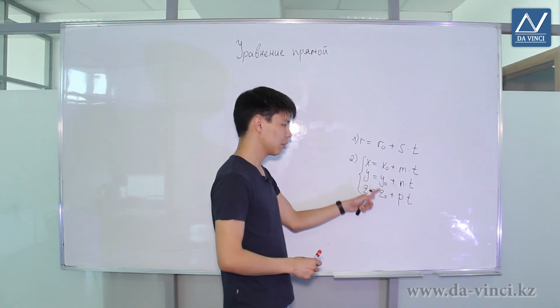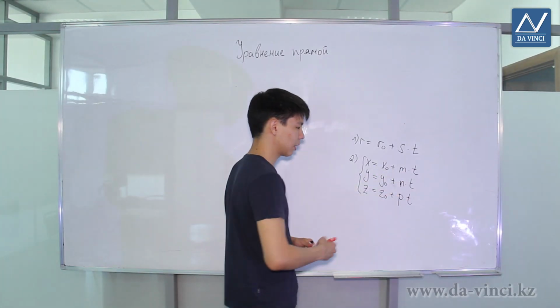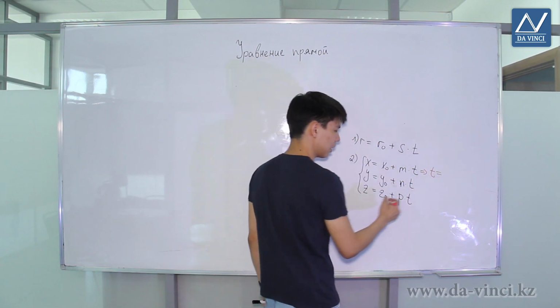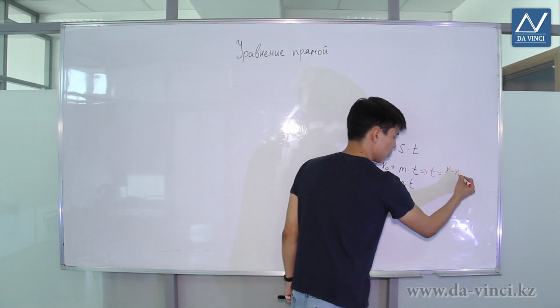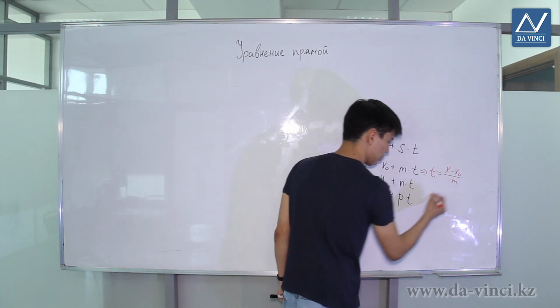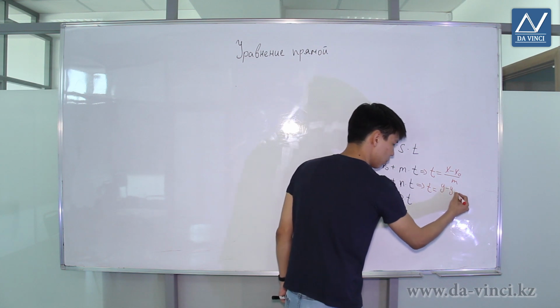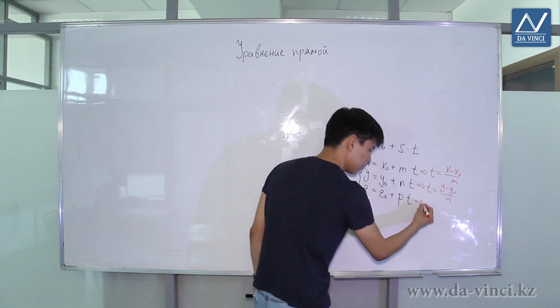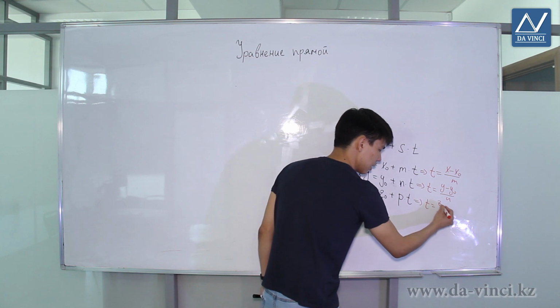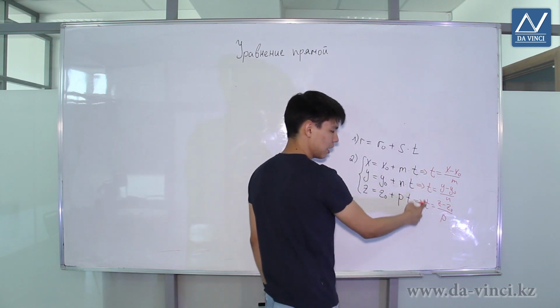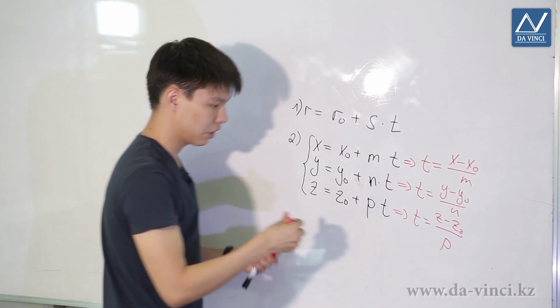If we express this parameter t in this parametric equation, then we get the following. From the first we get that the parameter t is x minus x0 divided by m. From the second we get that t is y minus y0 divided by n. And from the third we get z minus z0 divided by p. Now since we have parameter t everywhere, we can equate the right parts.